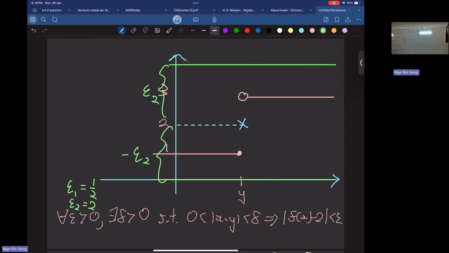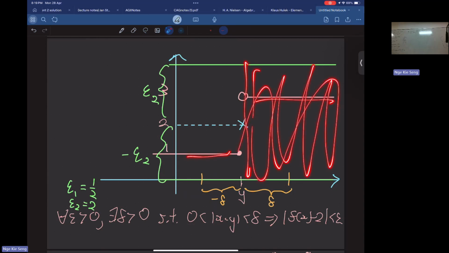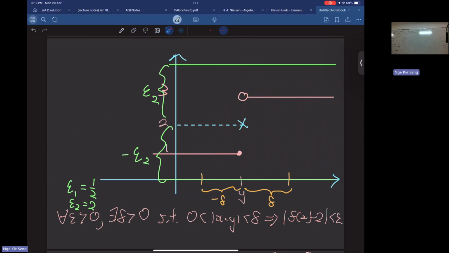If you look at epsilon 2, can you find a delta such that if your x is in between this delta range here, so how should I draw this delta? This part we call delta A. Which delta should you pick? You can pick it such that your f(x) lives inside this region, the green box here.